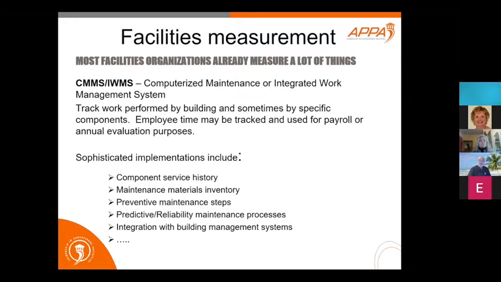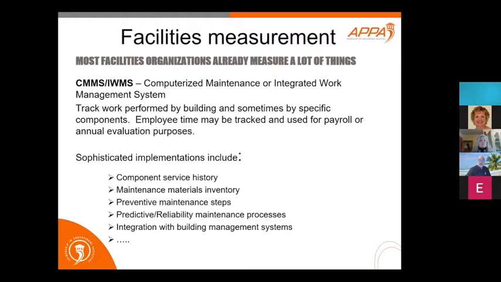You may also take advantage of a CMMS to track the work, track employees and their work, have it integrated with the payroll system, or even use the performance recorded in the CMMS to evaluate your employees, to see how they're performing and to keep a good record.